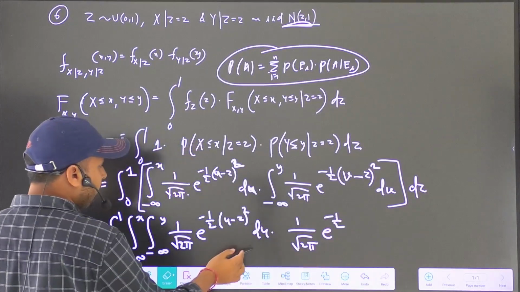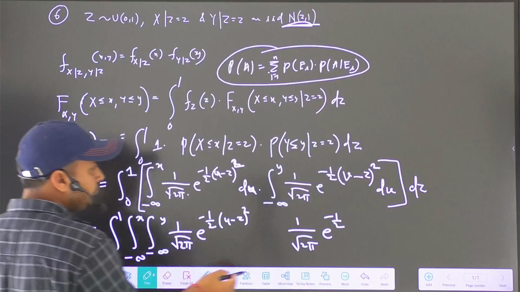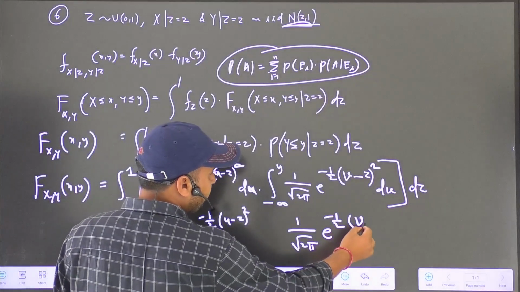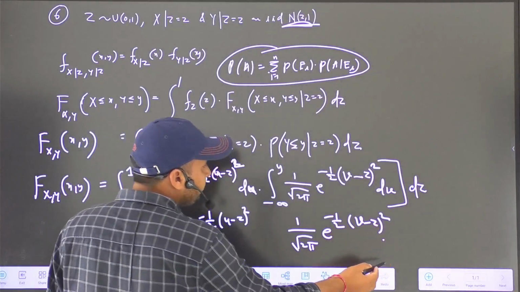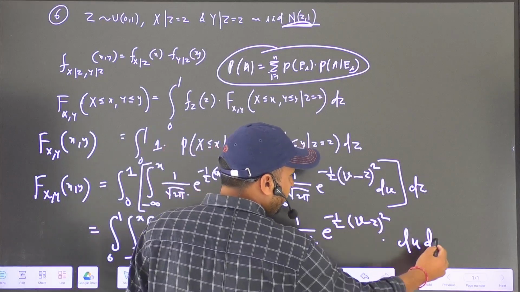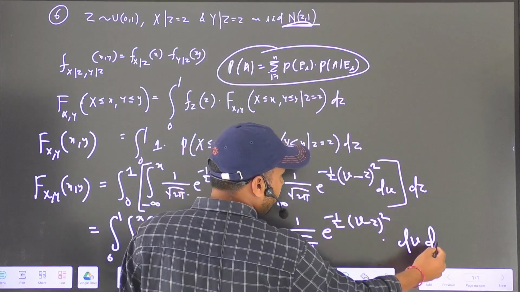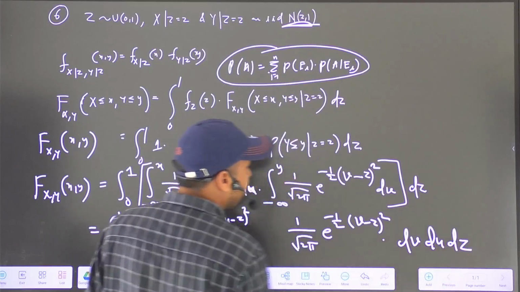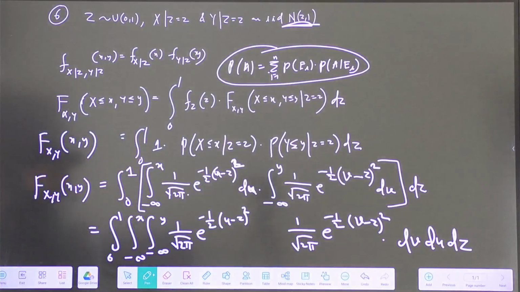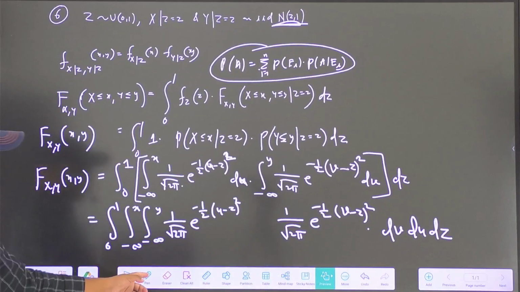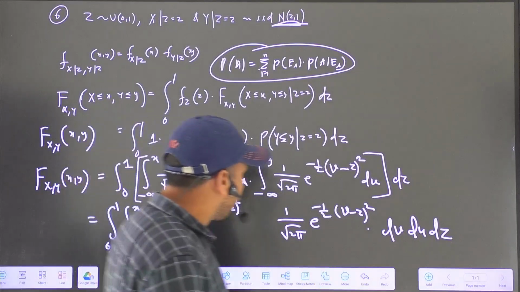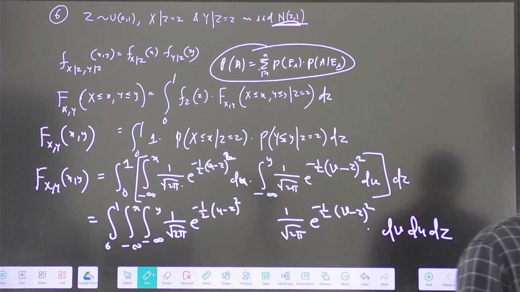First is dv, then du, then dz. Okay, so it is like this. If you can solve it, then it will be easy, but this is a difficult way. So let's try some easier way.